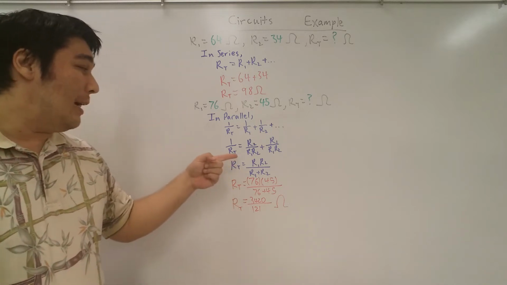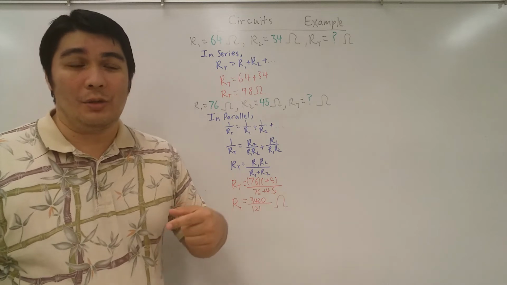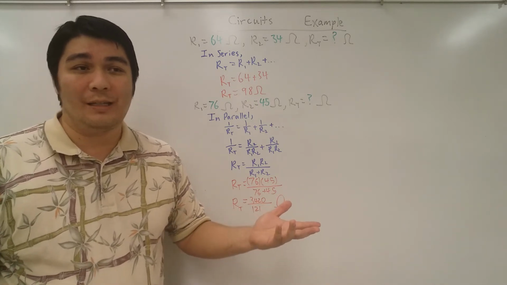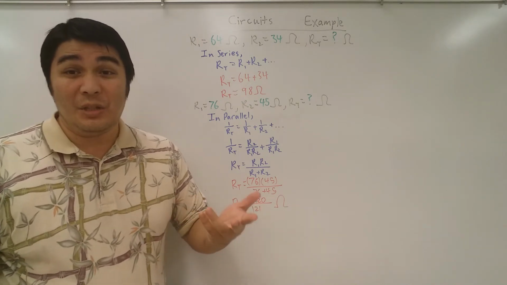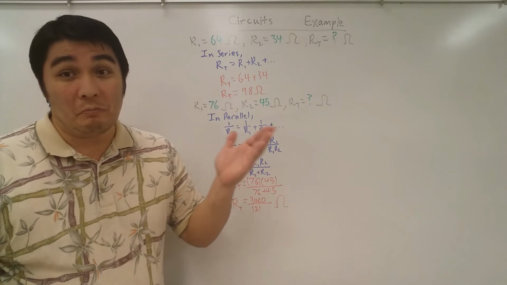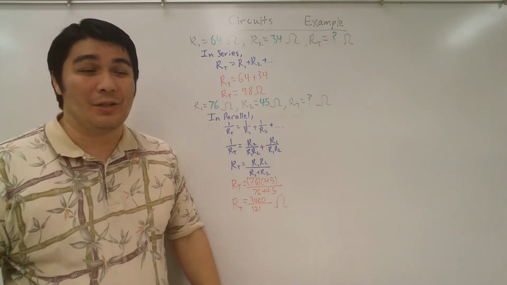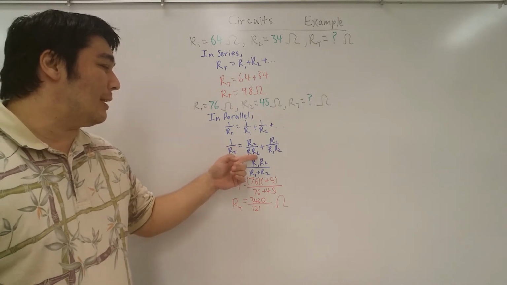So here we go. First, I need a common denominator between R1 and R2, which is, of course, multiplying them together. Generally, if you can't find a least common denominator very easily, usually the easiest one to find is to multiply the two denominators together, and there you go. So the least common denominator in this case would be R1 times R2.